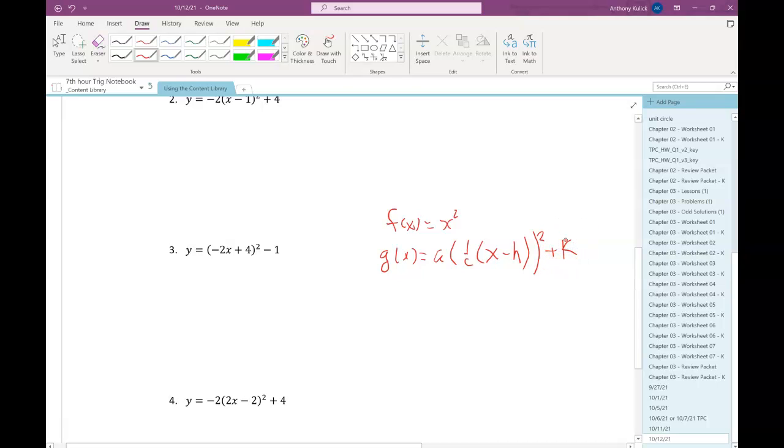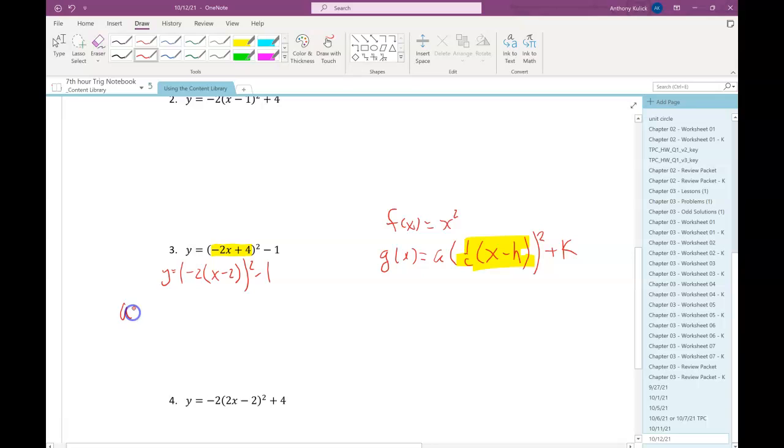My first step is going to be to rearrange my existing equation so that I can easily pick out my values for A, H, and K. The place where I really have to be concerned is this part inside the parentheses. It needs to look like this. So I would start by factoring out that -2. Okay with that?